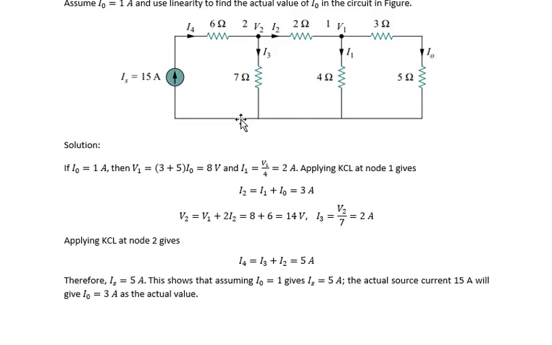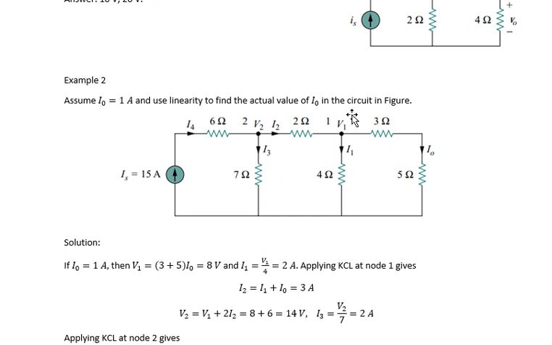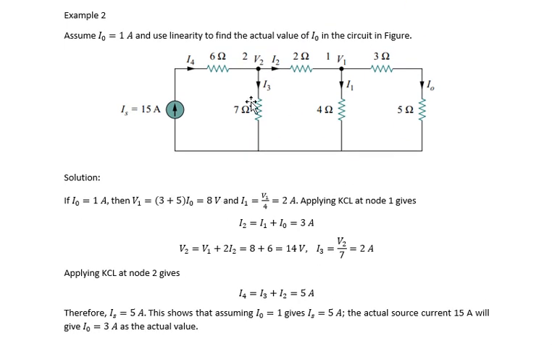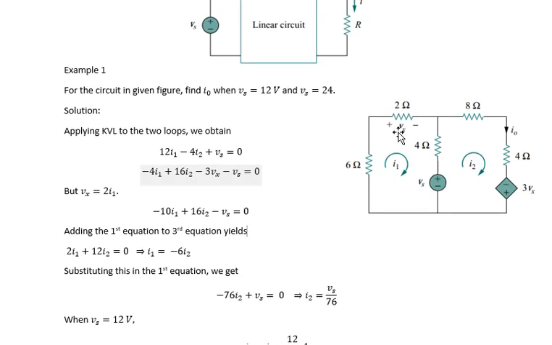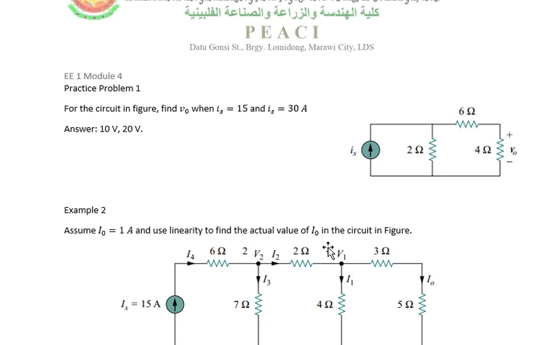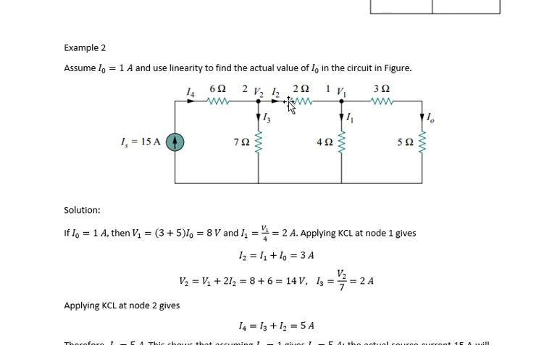Okay, so example number 2, this is also linear, so all you have to do is only to use nodal analysis here. Dito sa nauna ginamit natin is mesh kasi nga konti lang yung ating branches, konti lang yung ating loop equations. Dito naman gagamit tayo ng nodal kasi nga dalawa lang yung node na mako-consider natin dito.